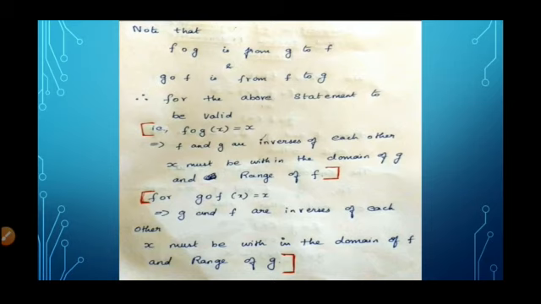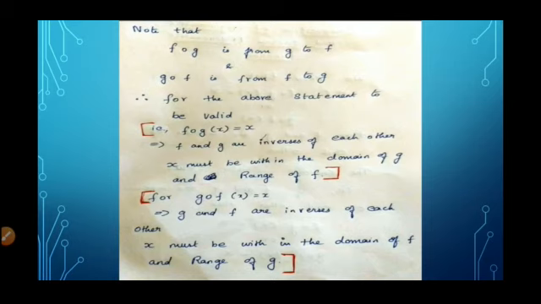So for the above statement to be valid, that is what? F composition g of x is equal to x implies f and g are inverses of each other. For this statement to be valid, x must be within the domain of g and range of f. Clear, children?